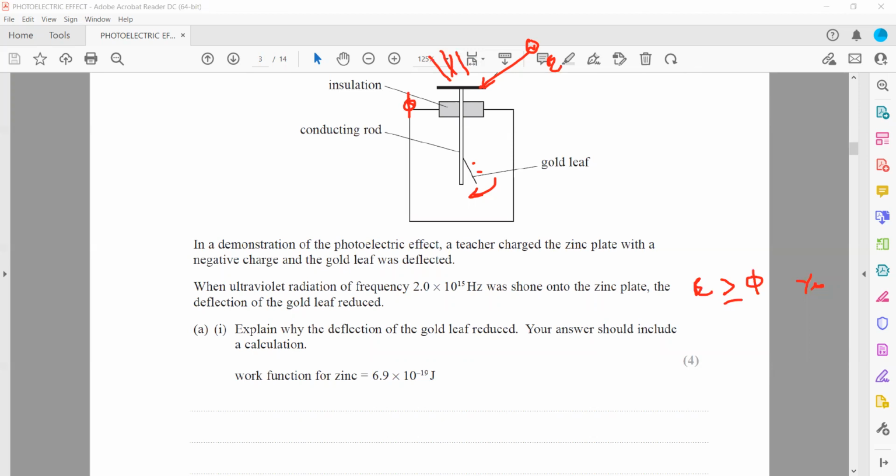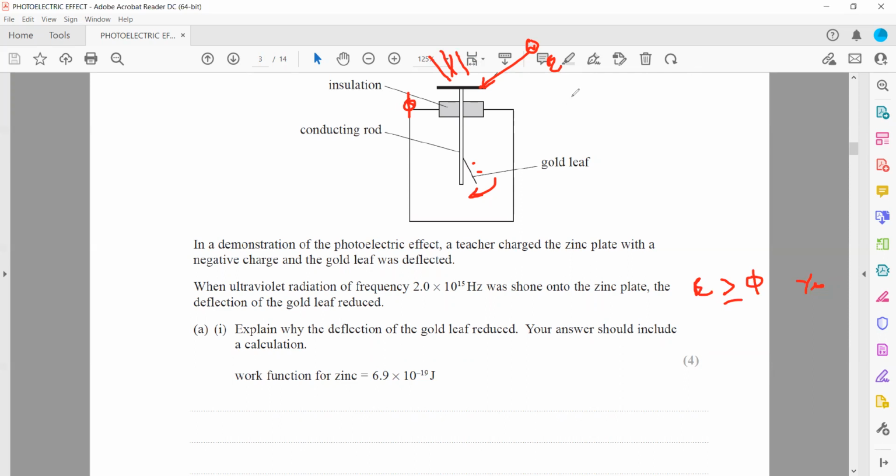We have the formula E equals hf. E is the energy, h is Planck's constant, which is 6.63 into 10 power minus 34, and f is the frequency. So we multiply them to get the energy of the incident photon.